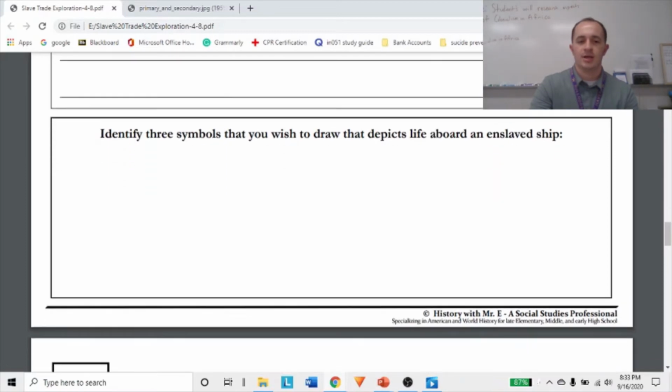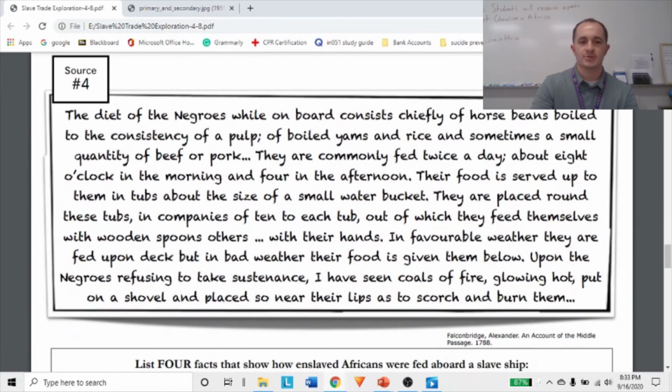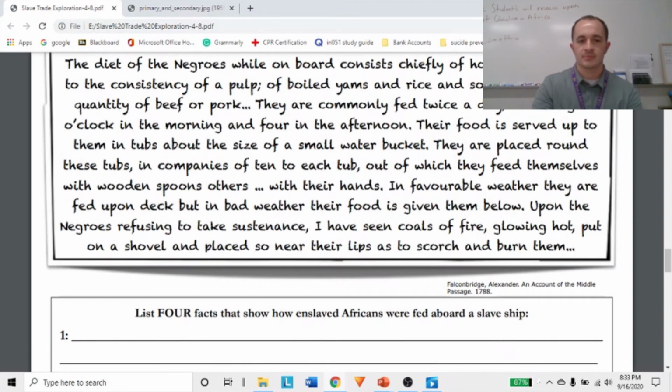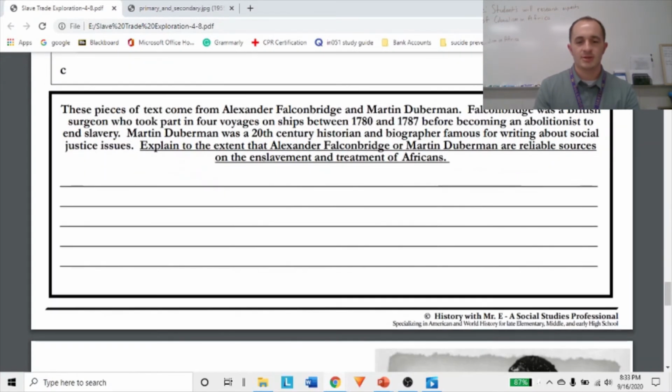If we move on now, we have our 4th source. So our 4th source, the directions say list 4 facts that show how enslaved Africans were fed aboard a slave ship. Then the last bit says these pieces of text come from Alexander Falconbridge and Martin Duberman.